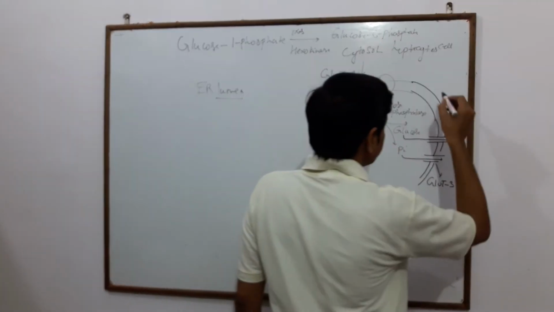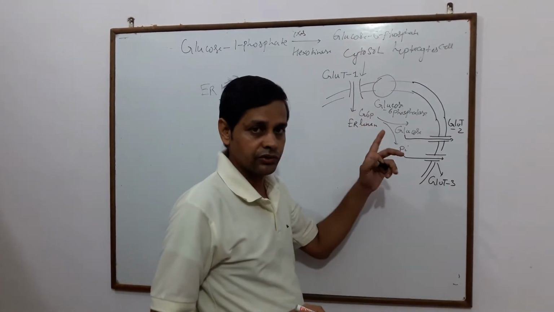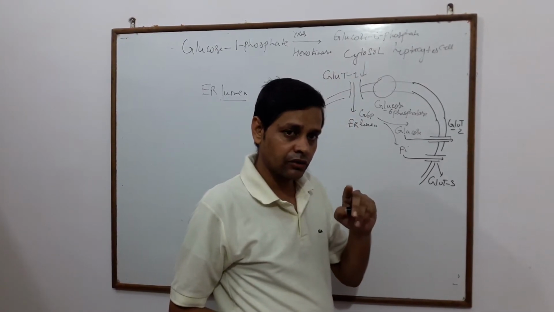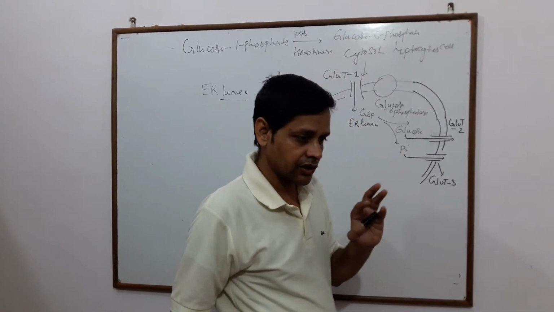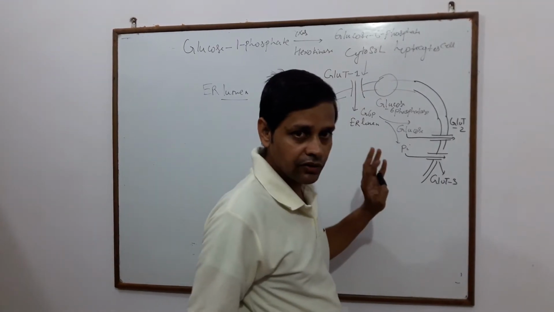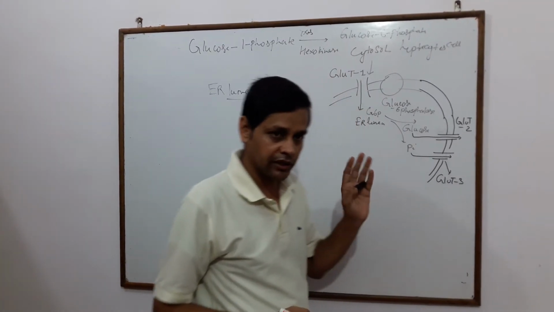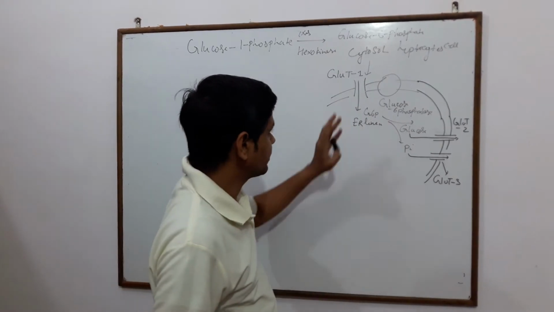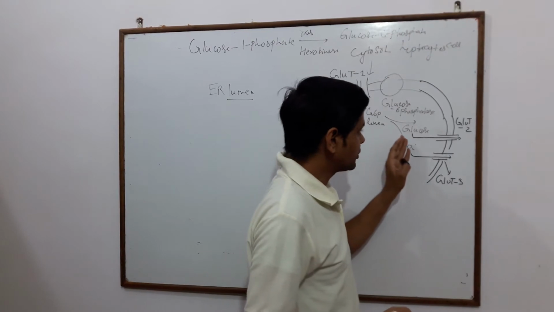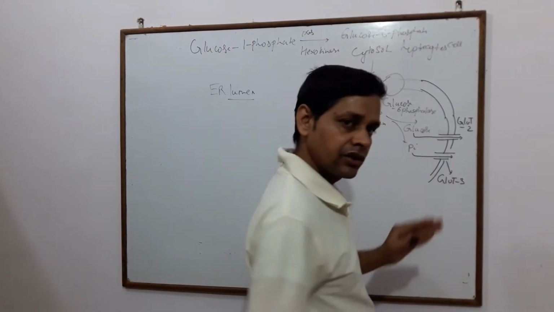Now, I am talking about glucose. Blood glucose concentration is still much lower, so the liver is maintaining the blood glucose concentration. Here the glucose concentration is higher, so this glucose moves towards the blood.